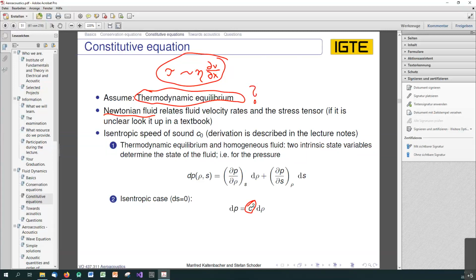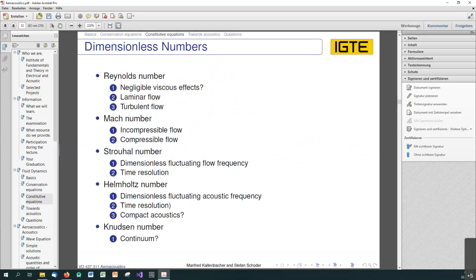We have probably 2 to 3 minutes left, so we go again to the dimensionless numbers, and then that was it for the lecture. You all know the Mach number. With the Mach number, you can separate flow situations into compressible and incompressible range.